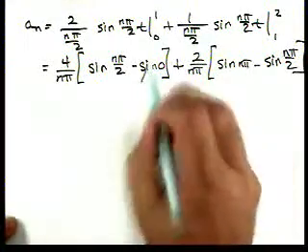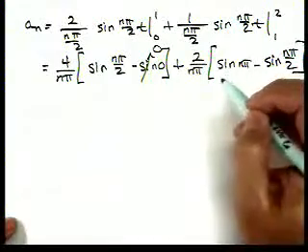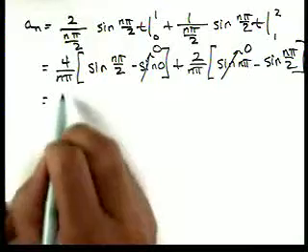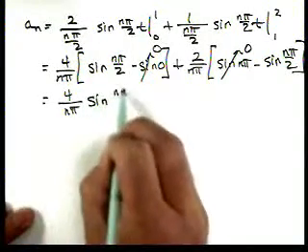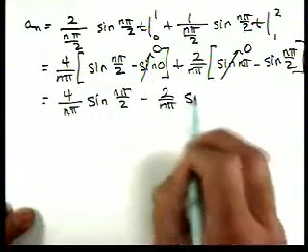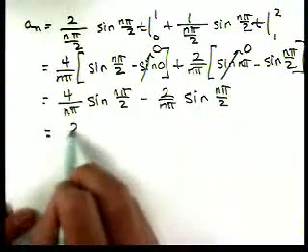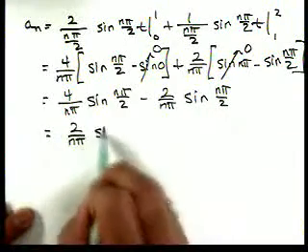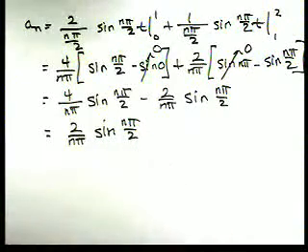Now, sine of 0 is 0, and the sine of any integer multiple of pi is 0. So what we're left with is 4 over n pi sine n pi over 2 minus 2 over n pi sine n pi over 2, which gives us 2 over n pi sine n pi over 2. Okay, so there are the a sub n's for n odd.